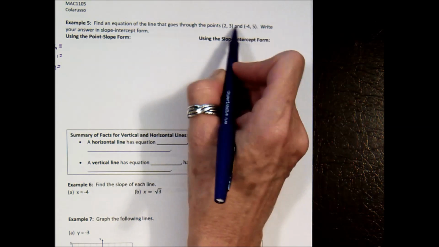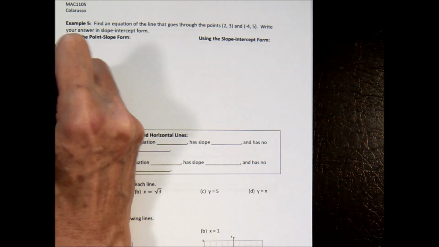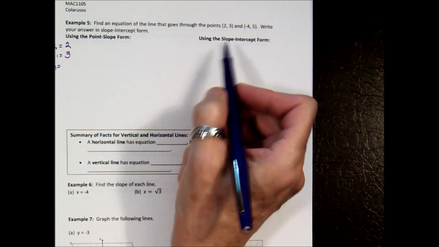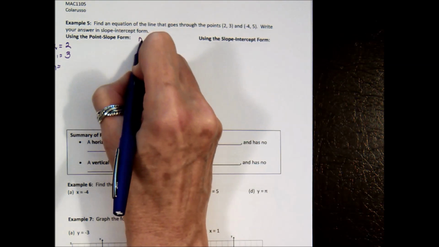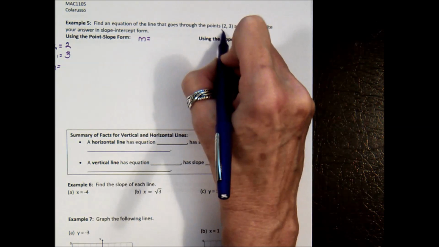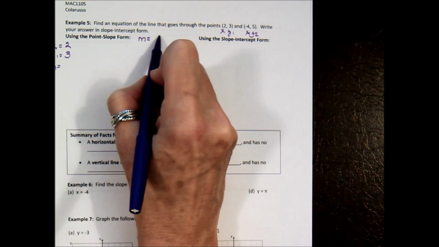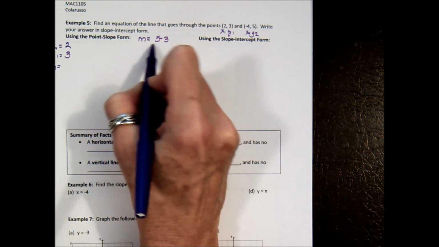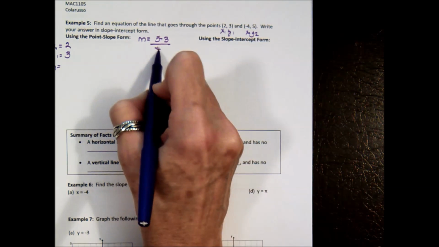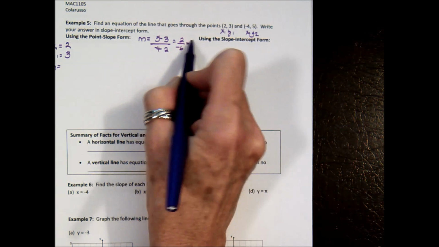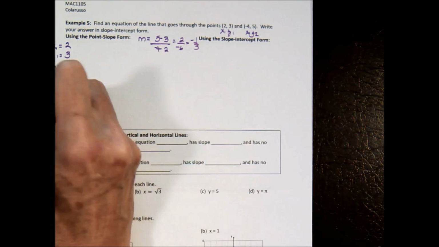I'm choosing this one, so it's 2 and 3. And I don't know the slope, so I'm going to have to find the slope for both of them. So it's going to be x1, y1, x2, y2. So it's going to be 5 minus 3 over negative 4 minus 2, which is 2 over negative 6, or negative 1/3. So I have to find the m in both cases.